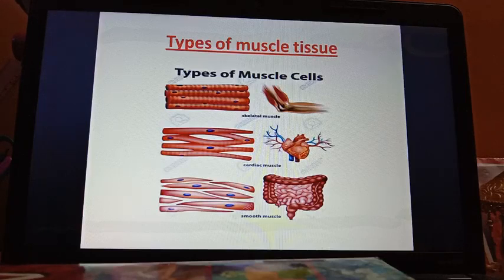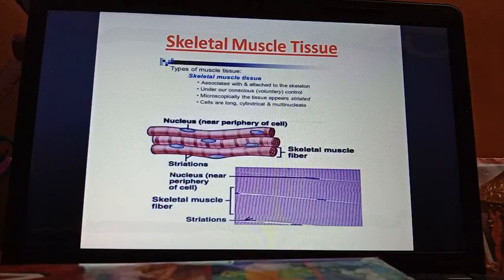First is skeletal muscle. It is also known as voluntary muscle or striated muscle. These muscles attach to our bones and allow our skeleton to move. That's why it is known as skeletal muscle.